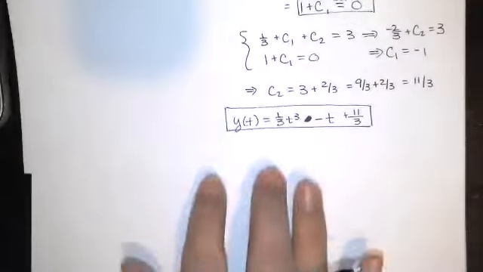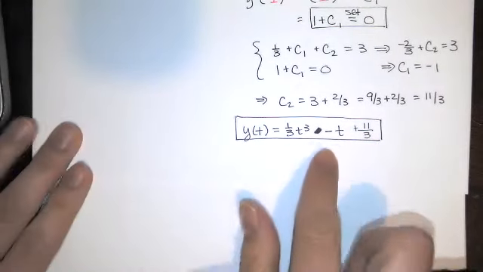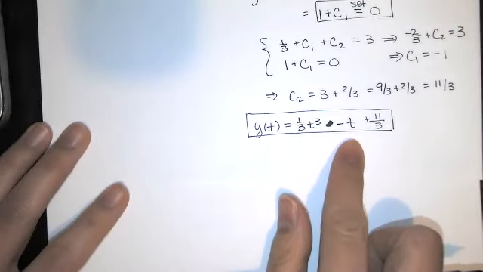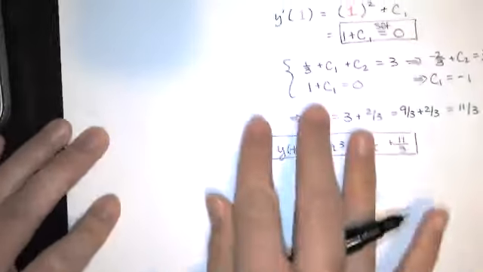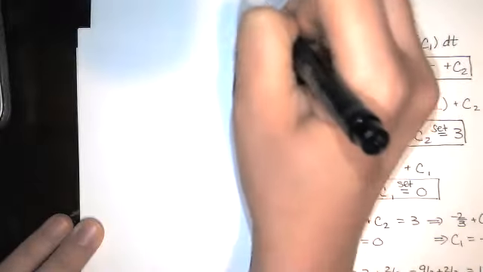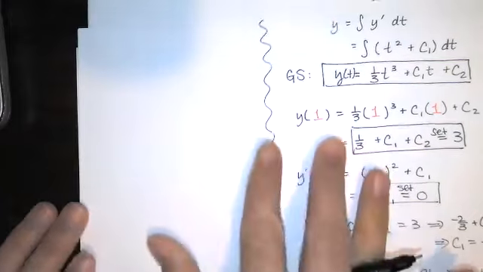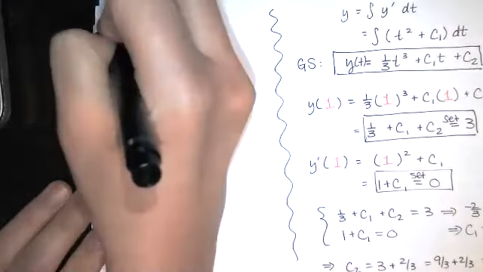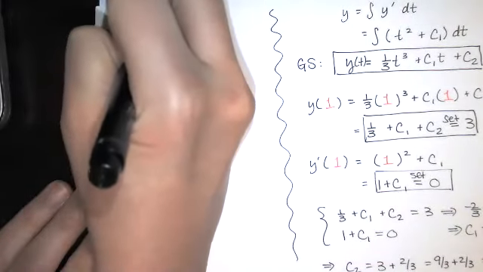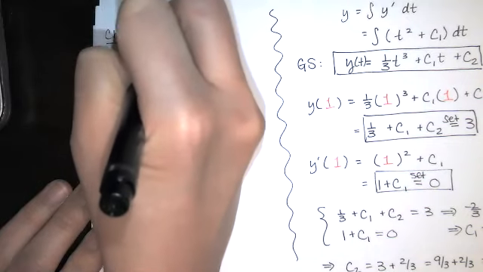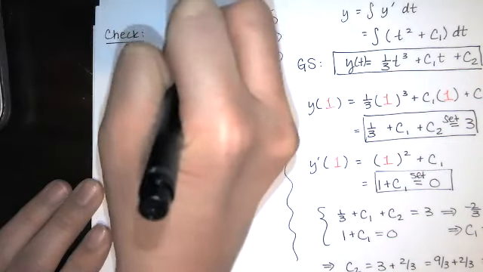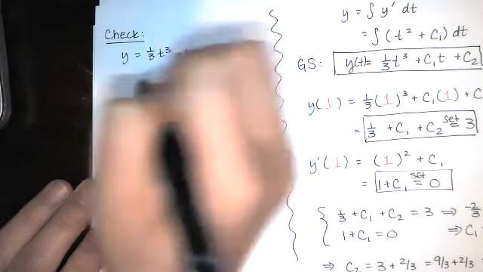Now, if you're not sure, if you want to check, you should take the second derivative of this and see if you get 2t. So let's check our work. We have y equals 1/3 t cubed minus t plus 11/3.